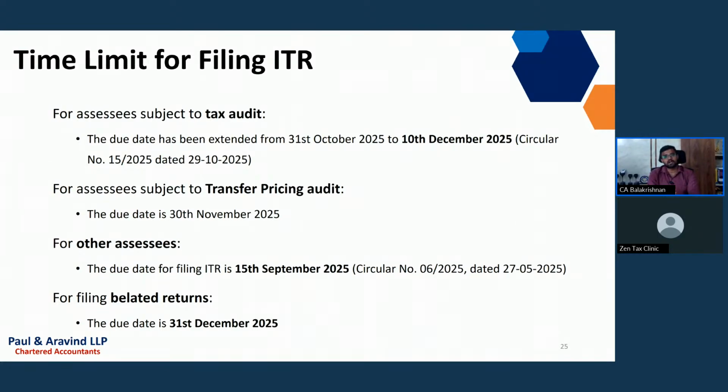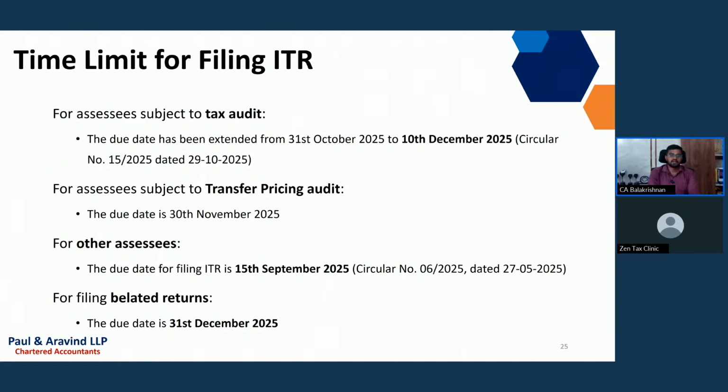I'm talking about assessees who are not subject to tax audit. If the assessee has business income and the return is not filed up to 15th September, then they can file the return up to 31st December, provided the assessee does not have a loss. If the assessee has a loss, then that loss amount will lapse.